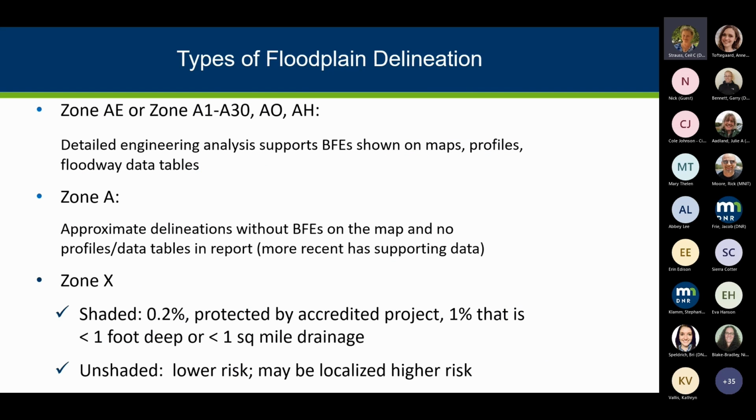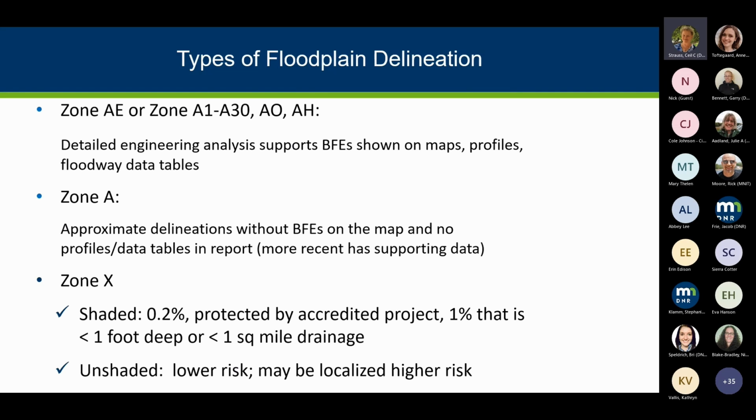Now remember that our supporting data is for the FEMA mapping that we have. The main mapped areas, the high-risk areas that we're talking about on the FEMA maps, are referred to as the Zone A's of some type. Zone AE, E meaning the elevations on the FEMA map, or some of the older maps, they have A with a number behind it.